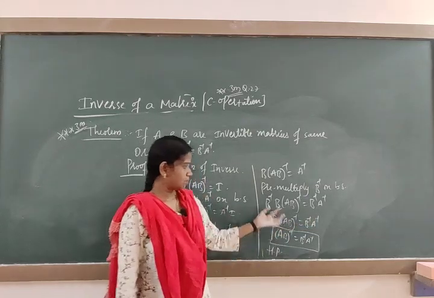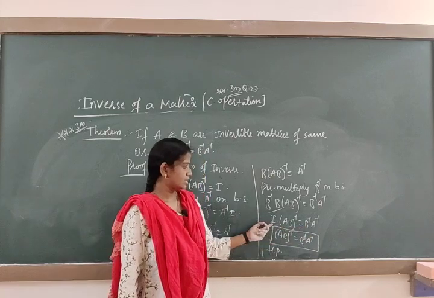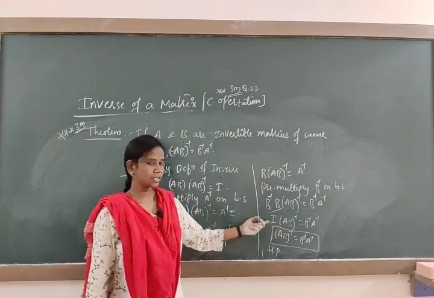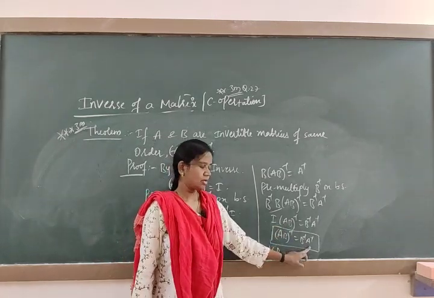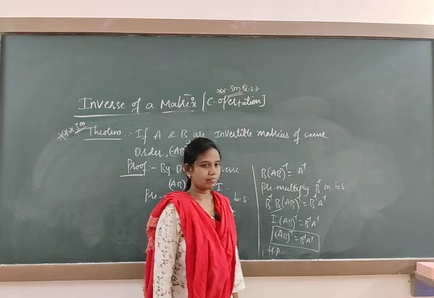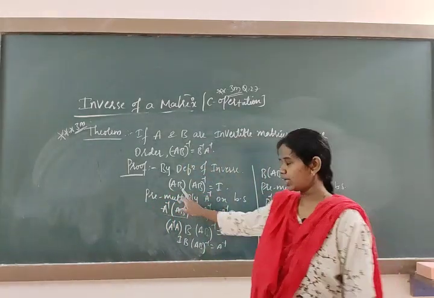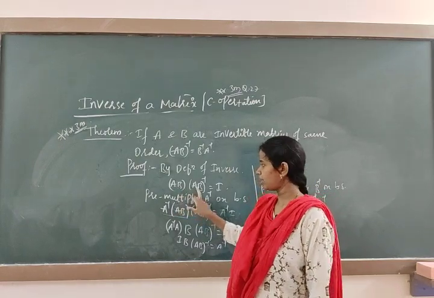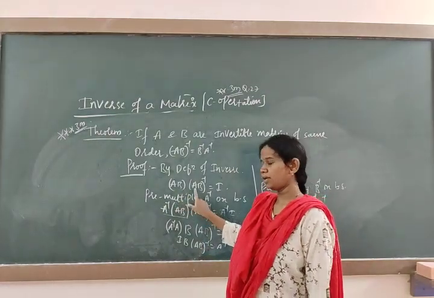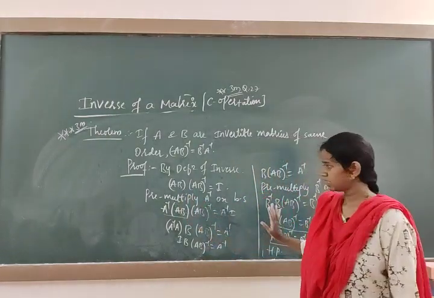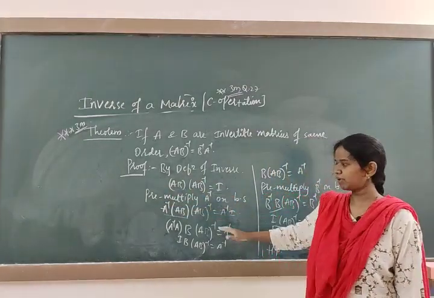Make a grouping, AB whole inverse, and this is 1 into something, which is something. AB whole inverse equal to B inverse into A inverse. This theorem is easy, but you have to remember our matrix starts with AB, so we have taken AB whole inverse. If our matrix starts with A, then we take A inverse. That is the only change here. Only this factor you have to remember. The remaining is pre-multiplying and making a grouping.